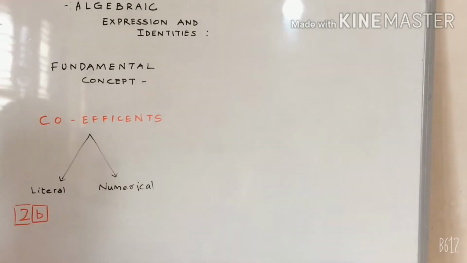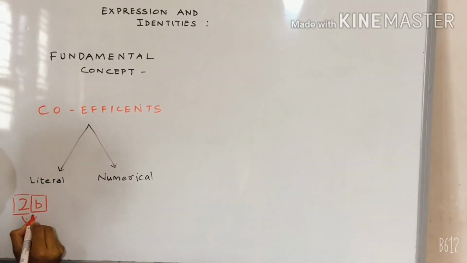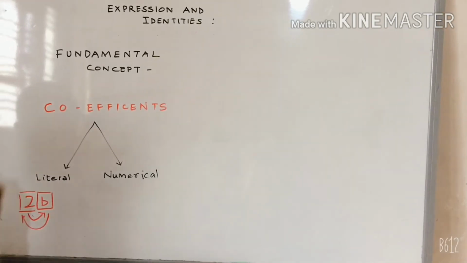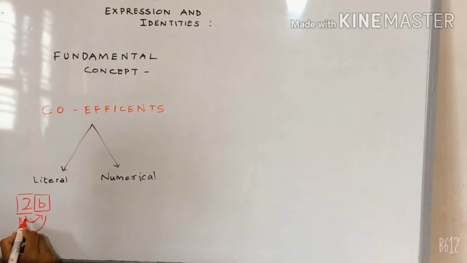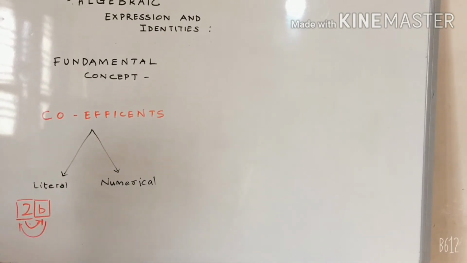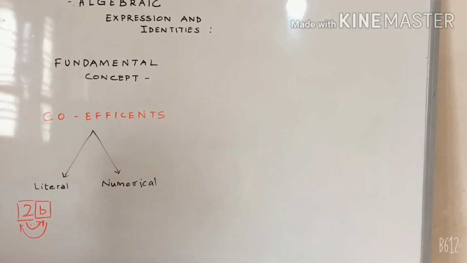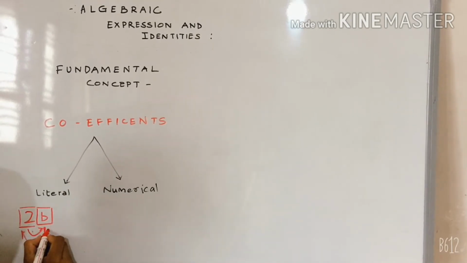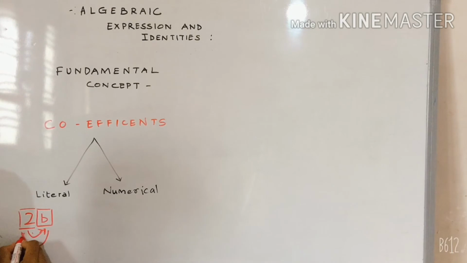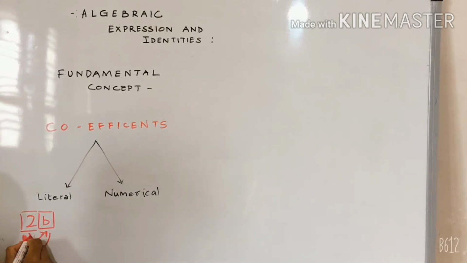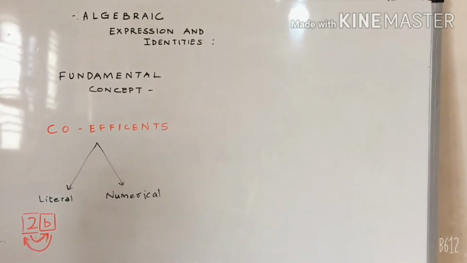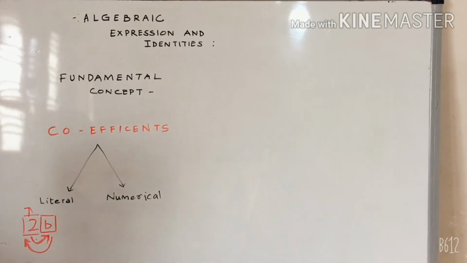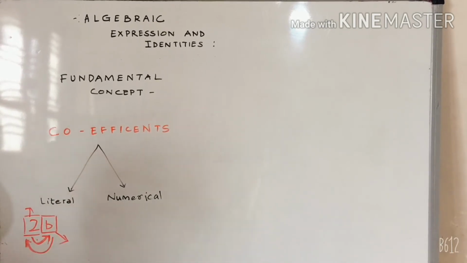The 2 is the coefficient of the b and the b is the coefficient of the 2. The b is the literal coefficient for the 2 and the 2 is the numerical coefficient for the b, because this comes in the numerical and this goes in the literal.